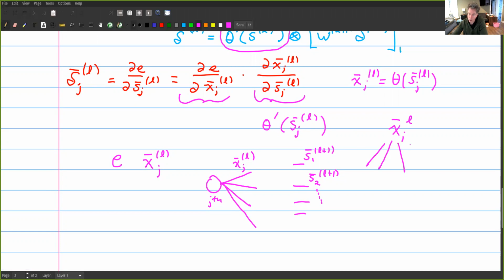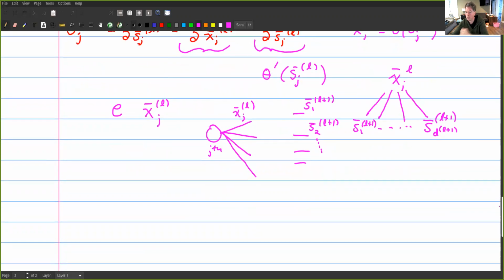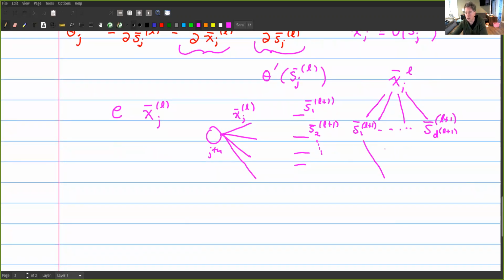So it affects S1, L plus 1, all the way to S, D L plus 1, that's the number of nodes in layer L plus 1. Now all of these together affect the error.